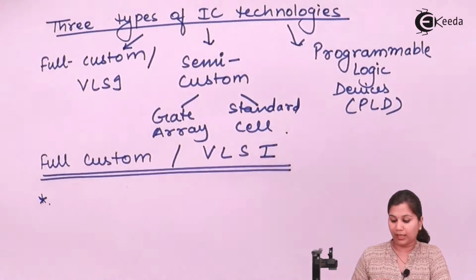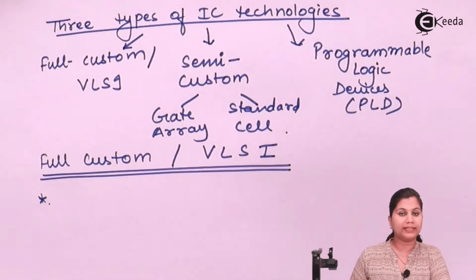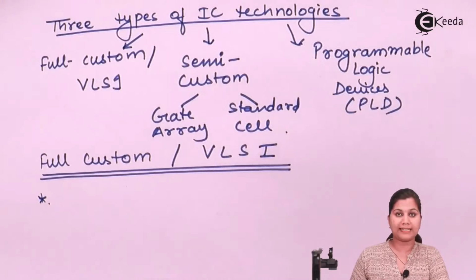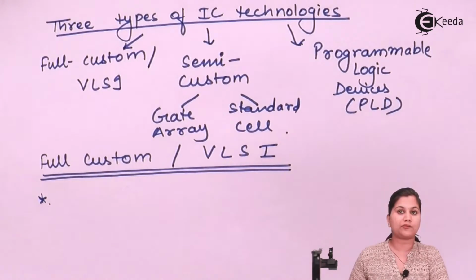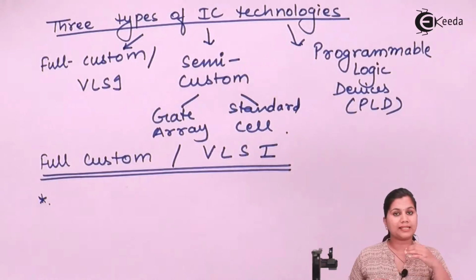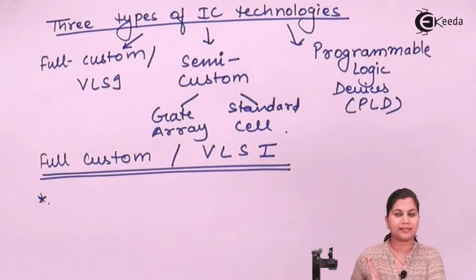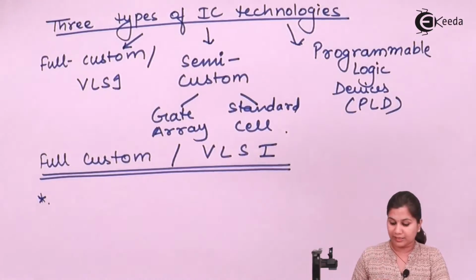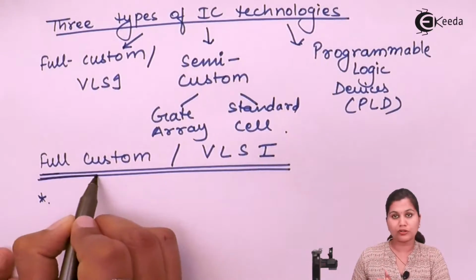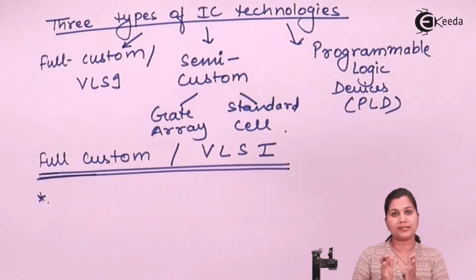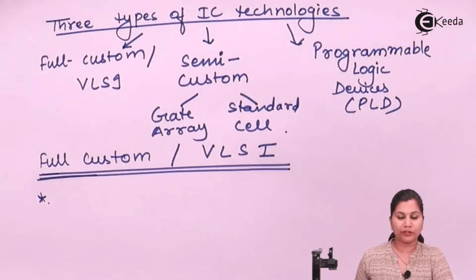Now in this full custom VLSI, all the layers present in the IC are customized for the digital implementation of the embedded system. It means every layer is assigned the function for which the embedded system is tasked. That is why it is called full custom: the functions of all the layers are already decided, and the components are present in each of the layers.